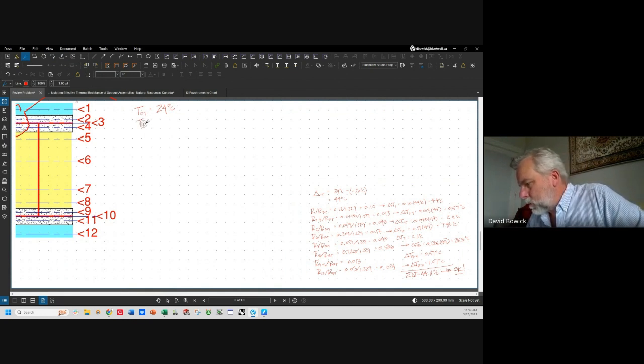T 1,2, the boundary between 1 and 2, equals 24 degrees Celsius minus delta T1, 24 minus our delta T1, which is 4.4, equals 19.6 degrees Celsius.